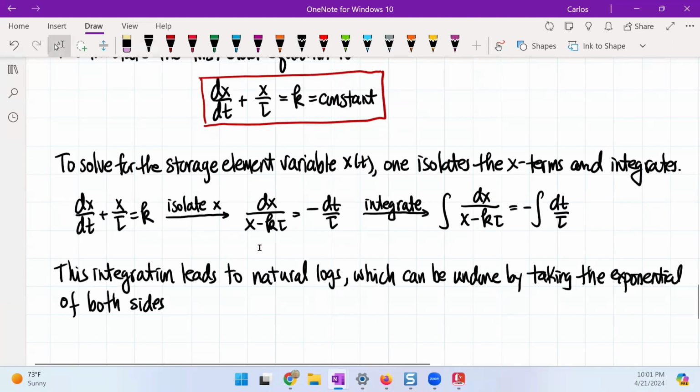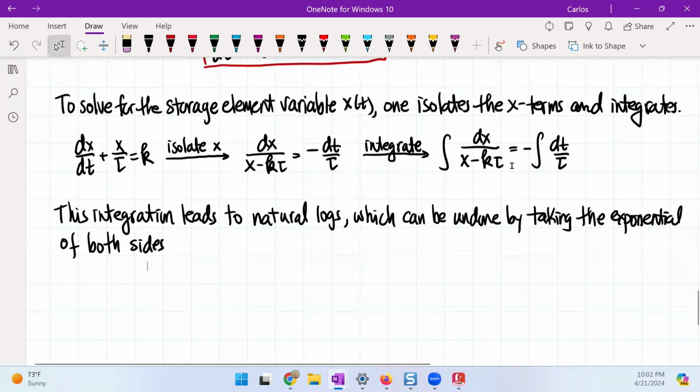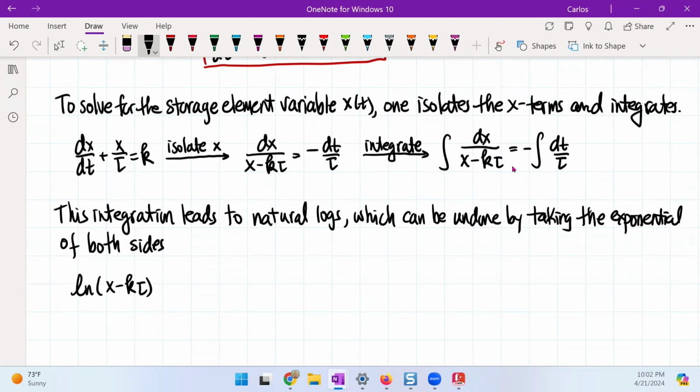So once again, I integrate this thing, so I should have a solution that's a natural log. So I'm going to get the natural log of x minus k tau, and that's going to equal minus t over tau plus this integration constant.